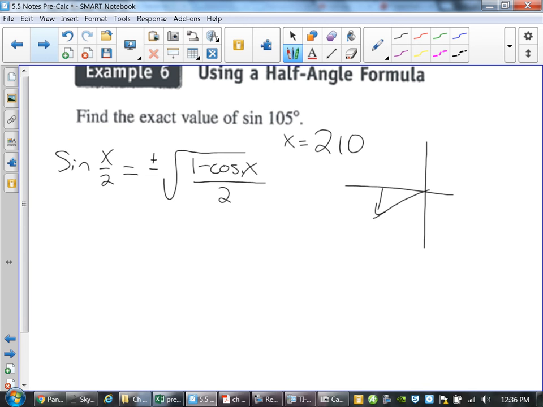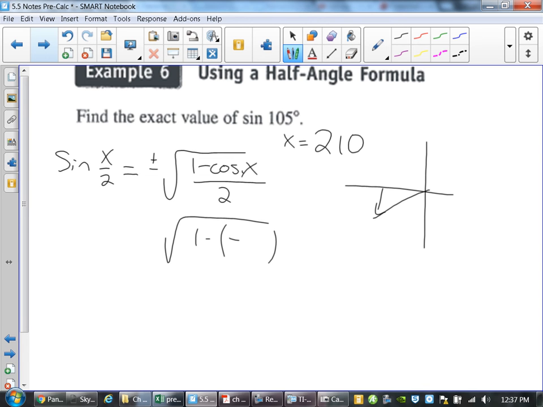Is cosine positive or negative in the third quadrant? Negative. Okay. So I'm looking at doing 1 minus the cosine of 30, or actually of 210. So in there, we know it's going to be a negative value.